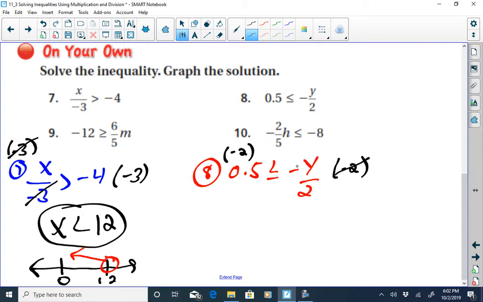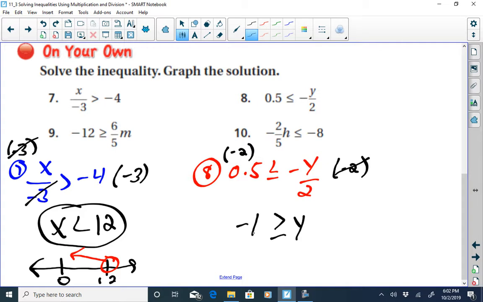The -2 in the numerator cancels that -2 in the denominator. So we're left with y. Oops, let's undo that. But because I multiply both sides of the inequality by the negative number, we have to reverse the inequality to keep it true. So we're left with y over here, and what's -2 times 0.5?